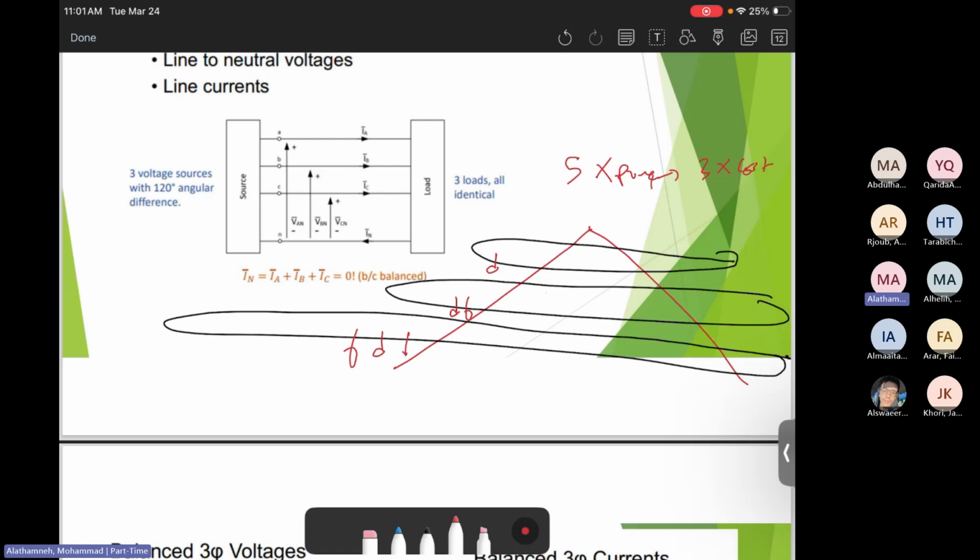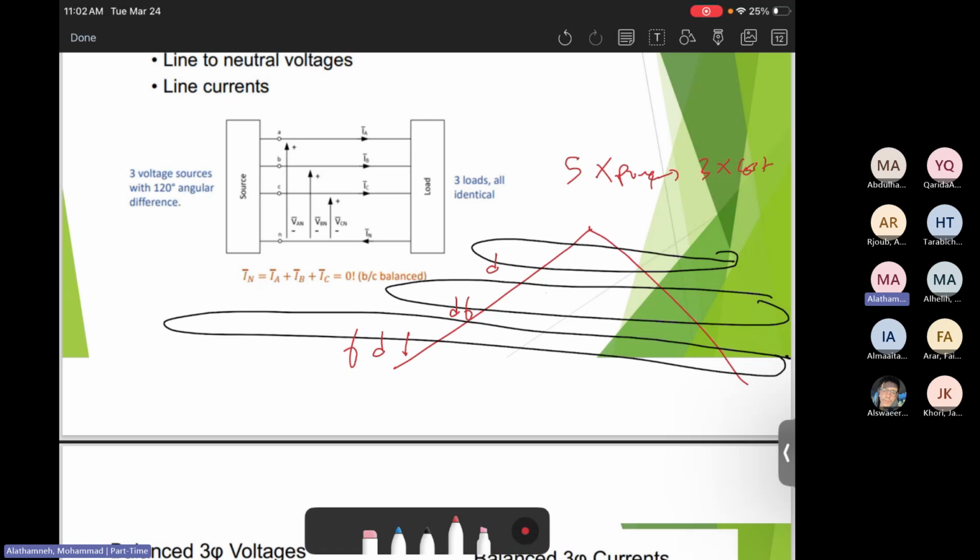It also needs extra land, and the basement of the towers will take a lot of concrete and a lot of steel to establish towers that can handle a very large number of phases. So economically, we realize that 3 phase is better than 5 phase and the other phase counts.